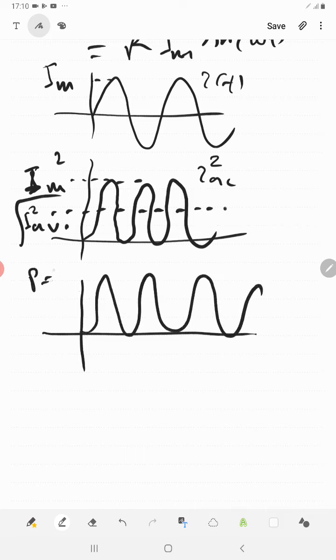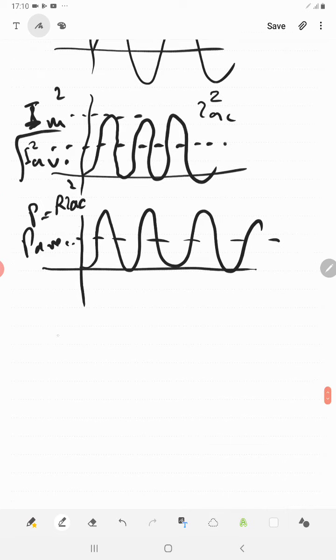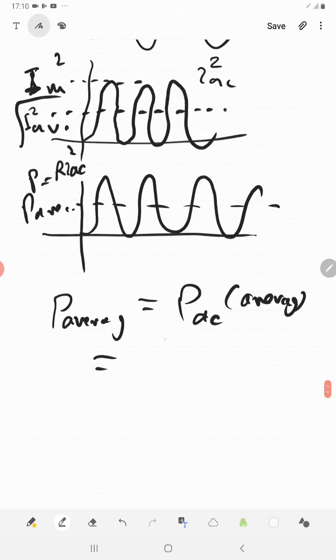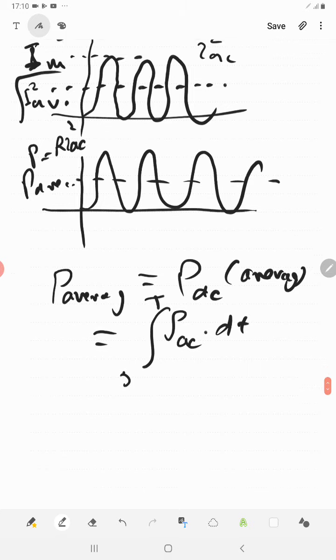Now power is equal to R I AC squared, and it has an average value, P average. If we calculate the P average, what is the P average? It is equal to P AC average. What we do, we integrate P AC dt from 0 to T, the full period.